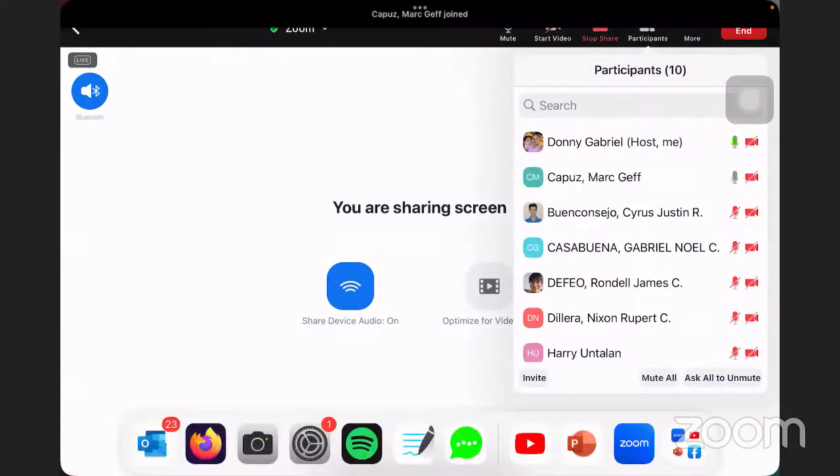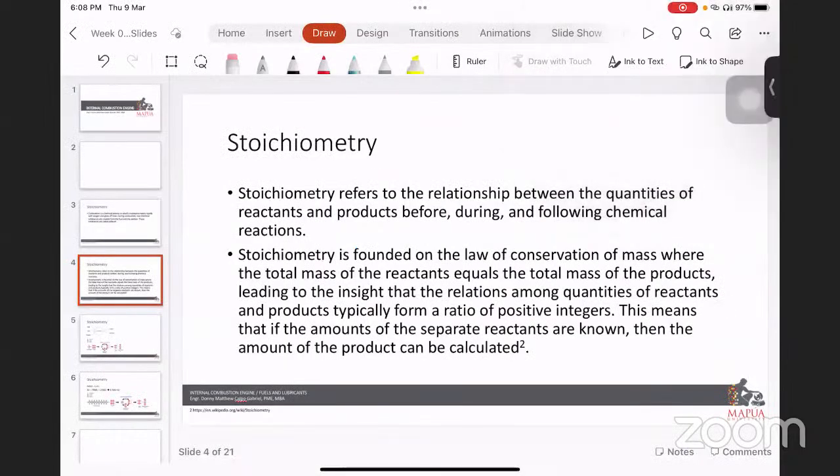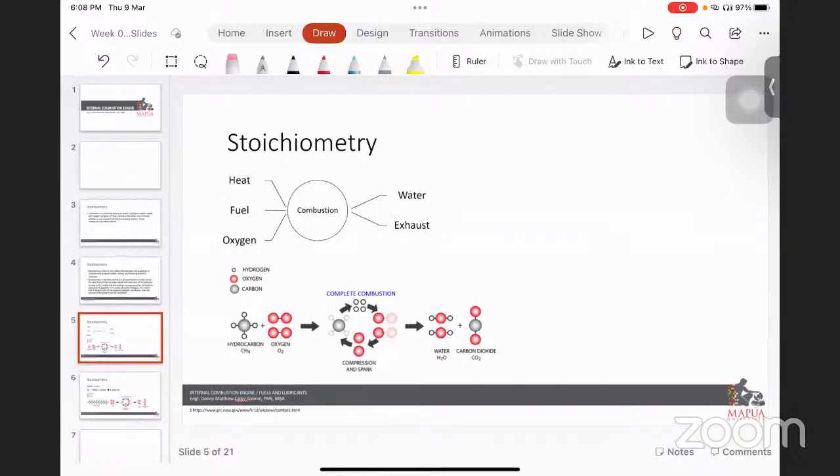Okay. So, sabi ni Engineer Bon Consejo, stoichiometry is founded on the principles of conservation of mass. So, dahil ang topic natin ay internal combustion engine, we will be tackling a little bit about the combustion process. So, sabi nila, ang combustion process daw ay a chemical reaction of substances. You will need three things to have a combustion process.